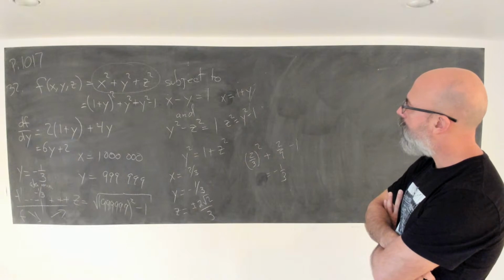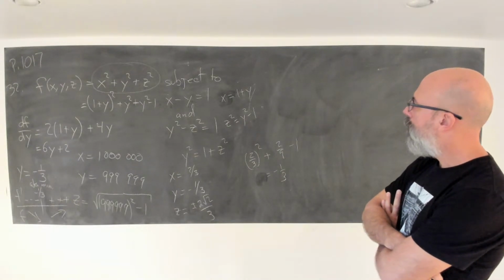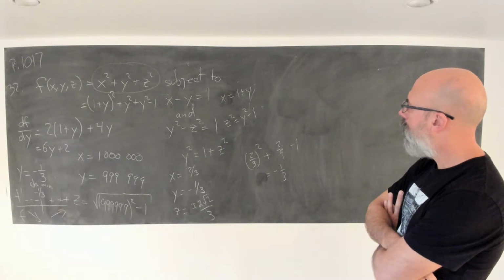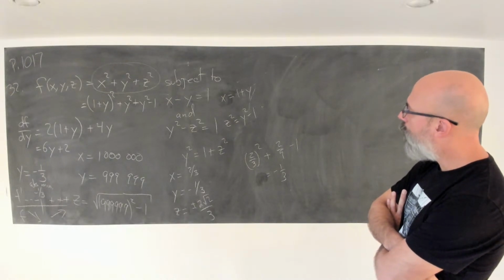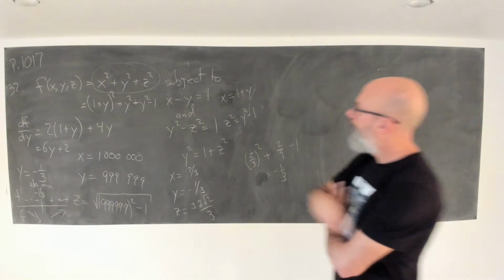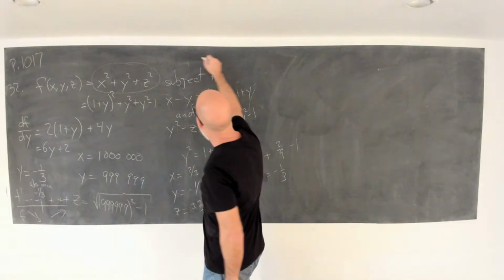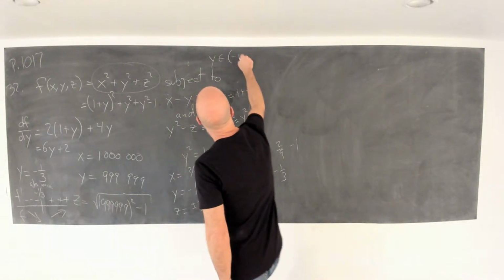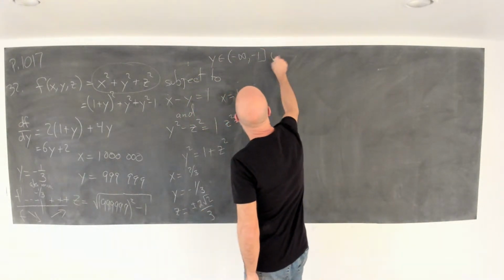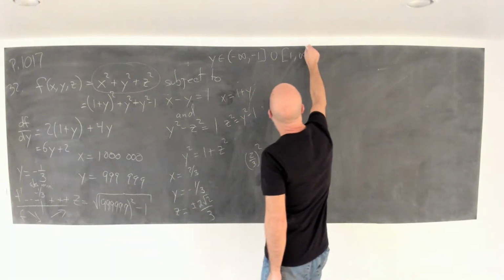Well, y cannot be between -1 and 1. So here y has to be from -infinity to -1 or 1 to infinity.